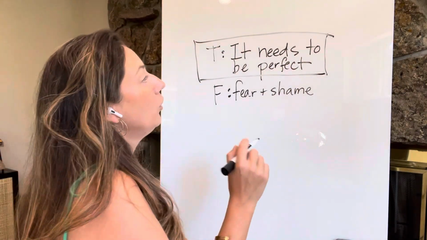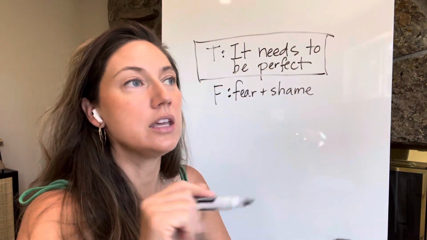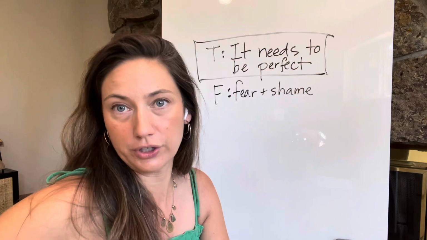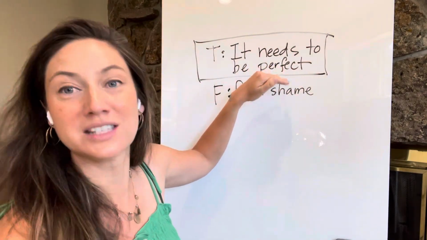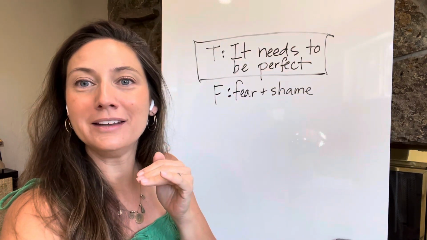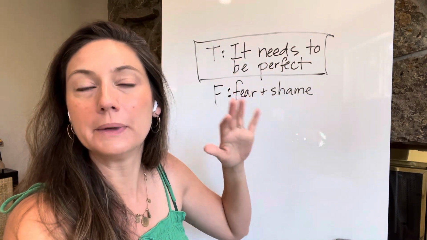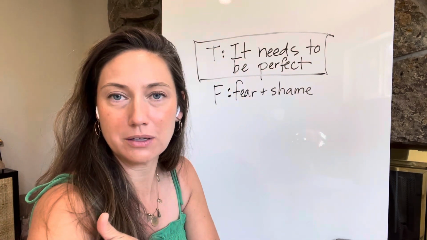Okay, so the key here, where most people go wrong, is they jump all the way to the other extreme. Like, it doesn't matter if it's good, right? And that might be a poor example, but they jump all the way to the other side to try to shift it.